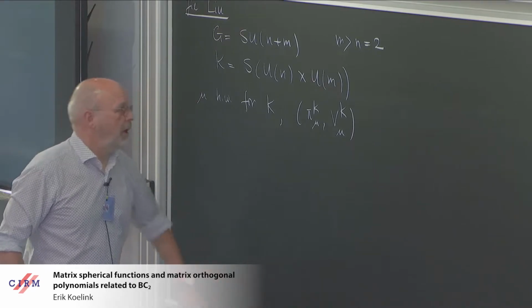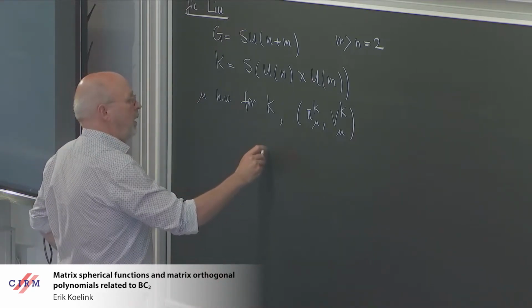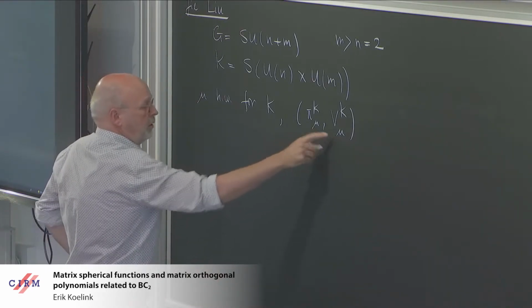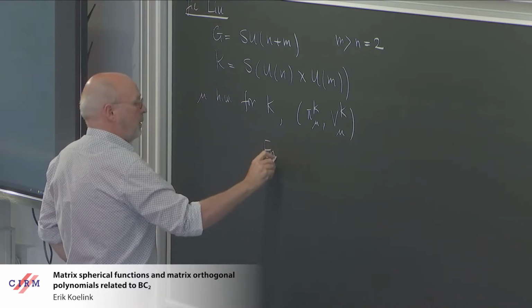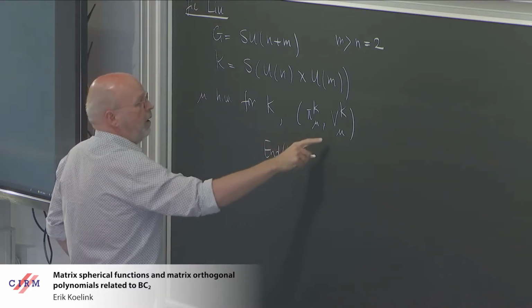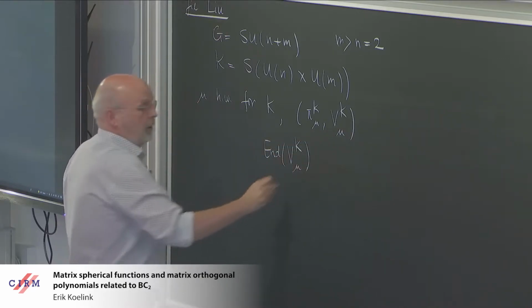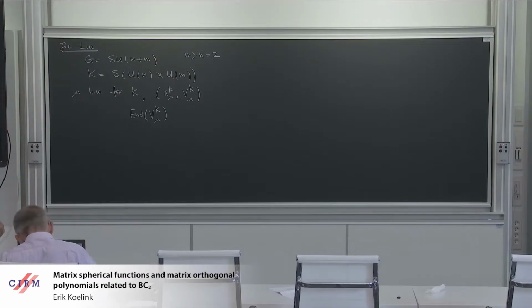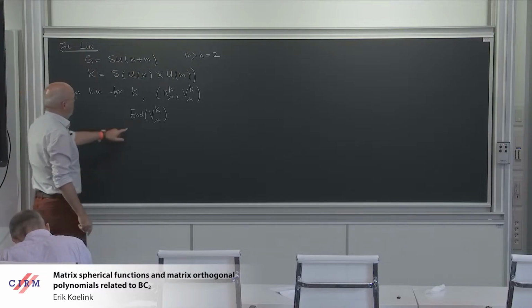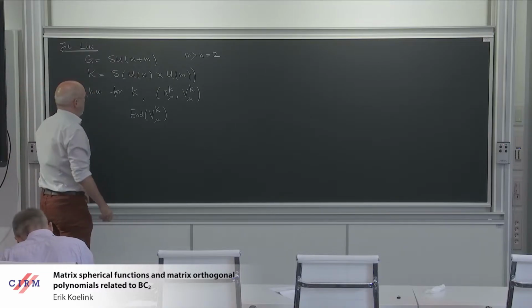Initially I want to look at the space of linear maps of this representation space. Of course, it has to be an irreducible representation, right? It is finite dimensional because we are completely in the compact setting, and I'm interested in this space.